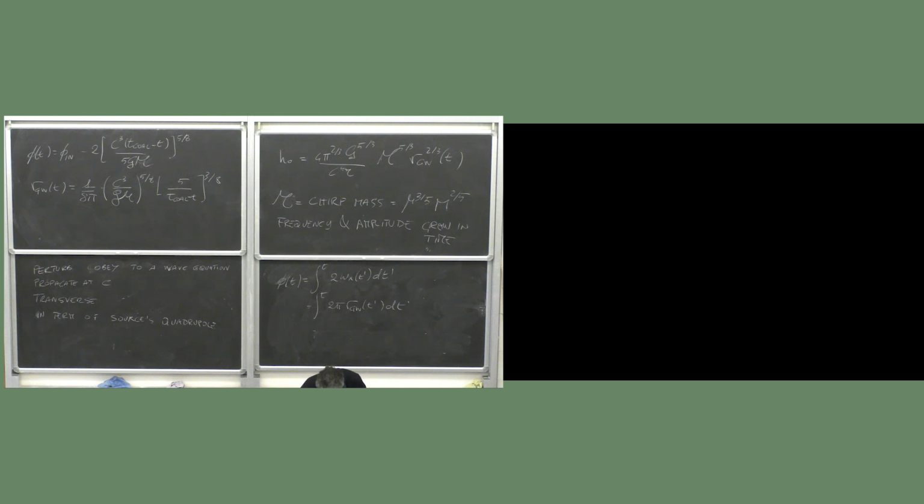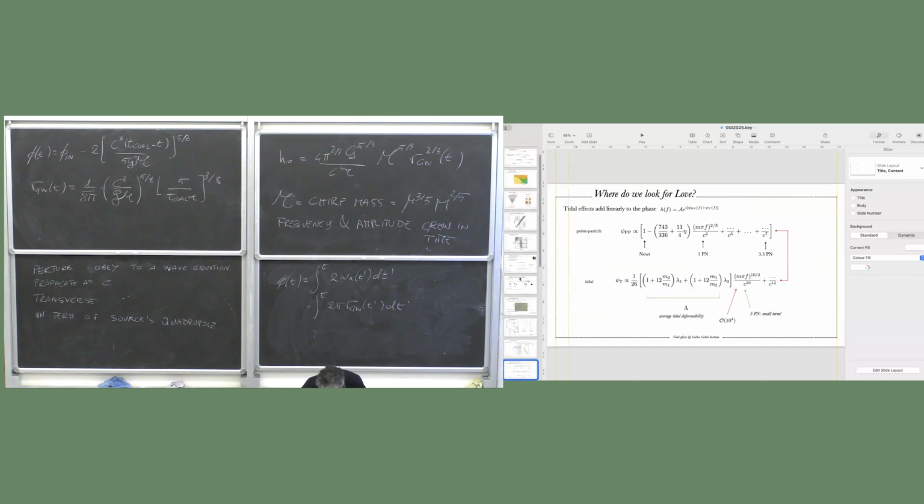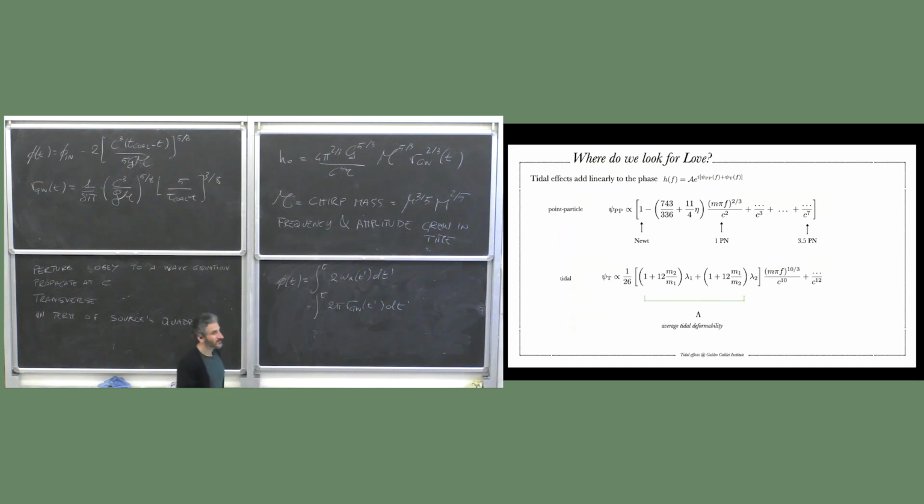And indeed, let me go back just to show. This was the slide that I showed in the first lecture. So in these 2 hours and something, what we have computed is that one. As you see here, this is the post-Newtonian approximation.